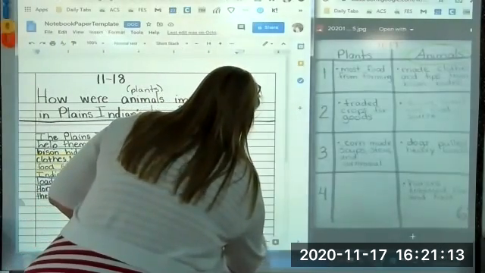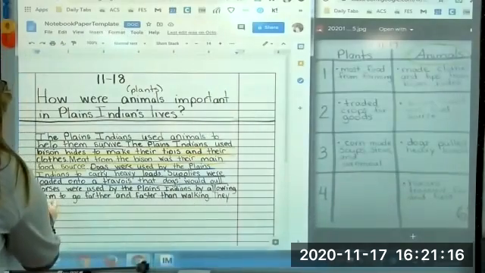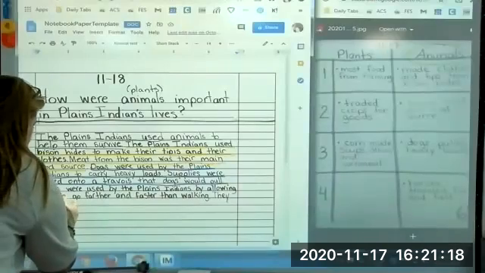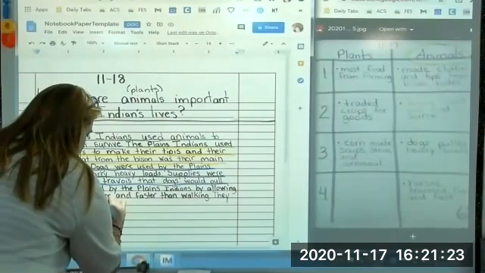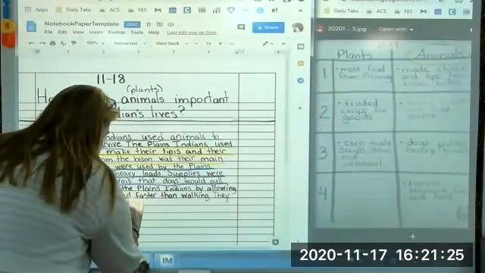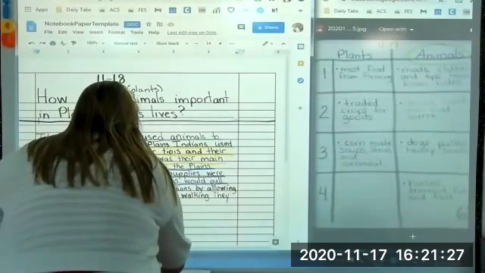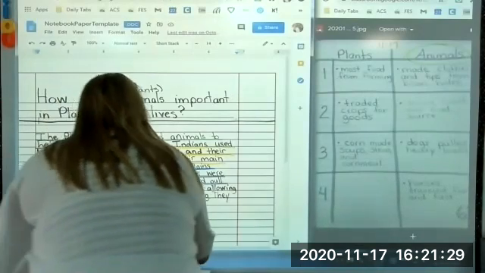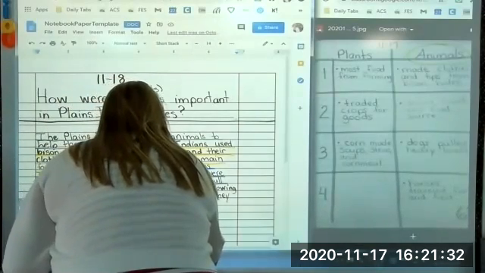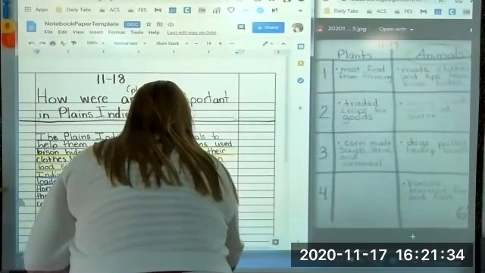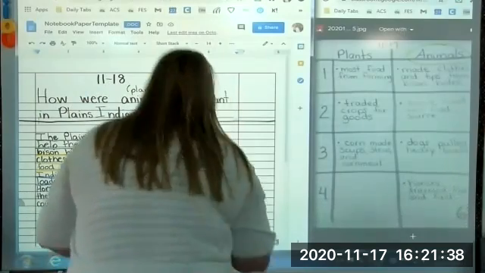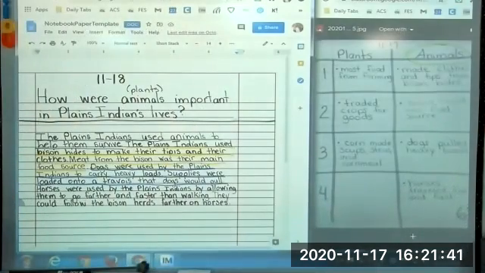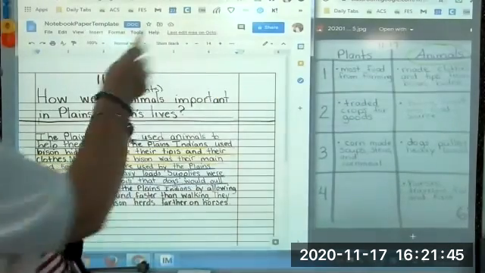They could follow the bison herds farther on horses. Okay, so, and this is my third piece of evidence. So I'm going to go back to yellow.